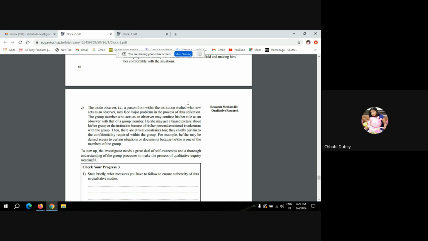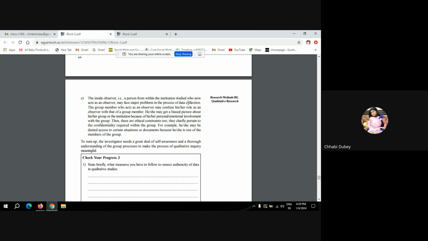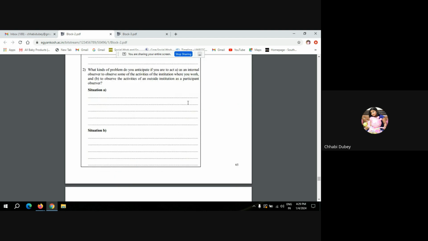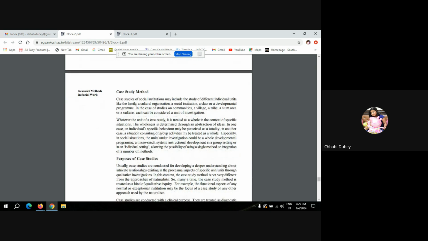They may get a biased picture, or have some emotional involvement with the group. So again, objectivity cannot be fully there. These are the problems with the observation part in qualitative studies.